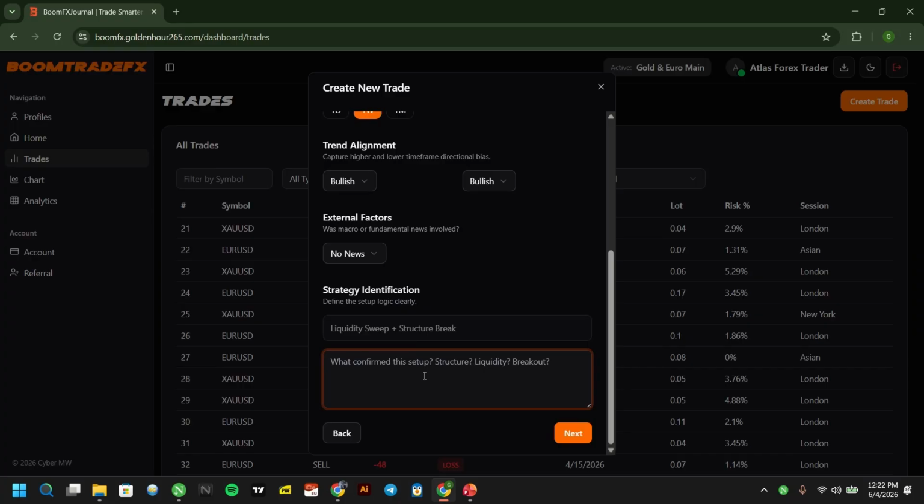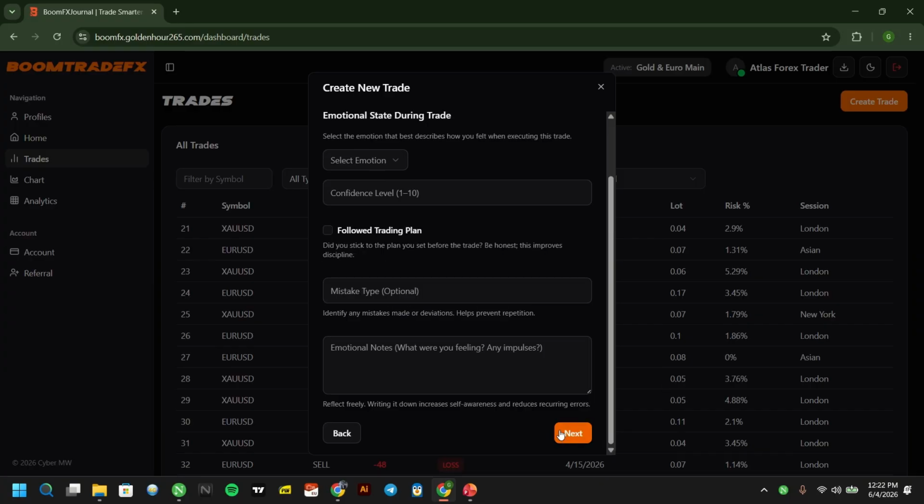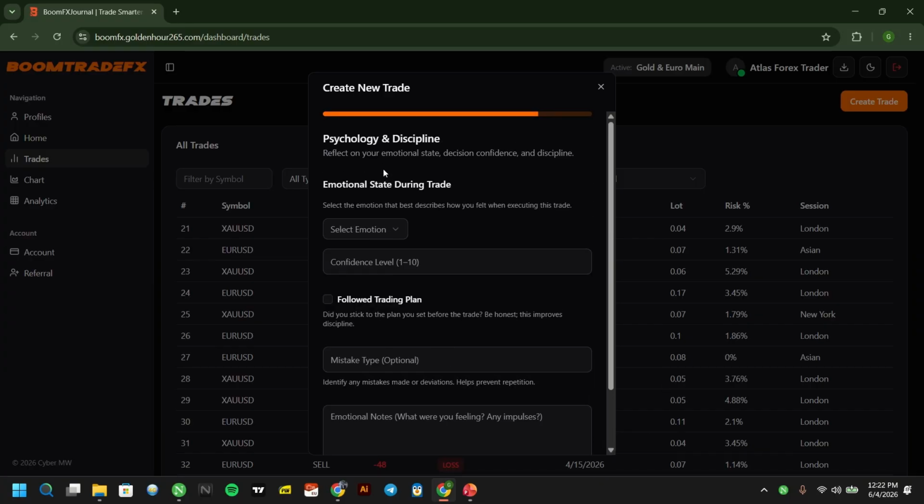This is just a blueprint. For example, I can enter breakout at 5 minutes. Okay. Next, and the next thing that you enter is the psychology and discipline. It's simply a reflection of the emotional state, decision, confidence, and the discipline.